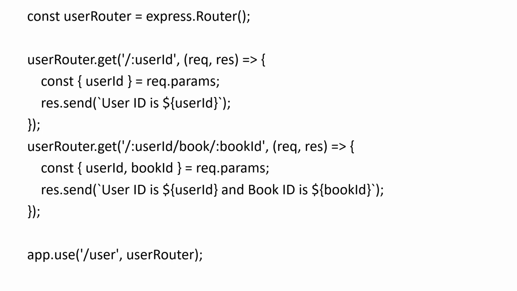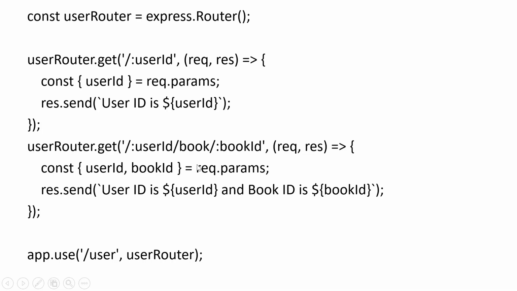So what are the best practices for using route parameters? The first thing is consistency. If you observe here, we have used consistent naming conventions for parameters: userId and bookId.